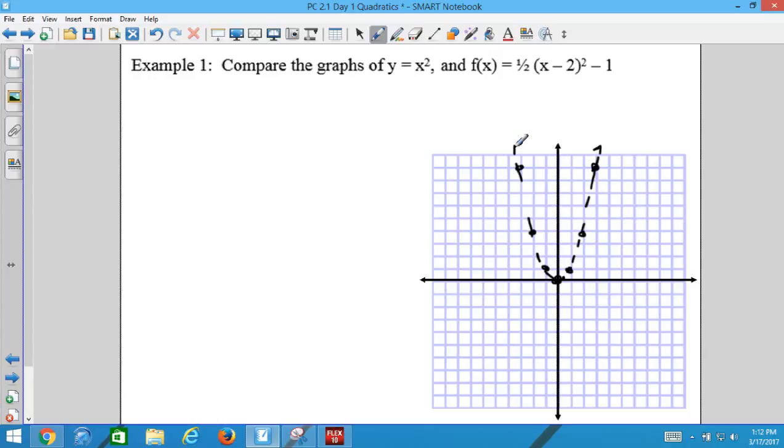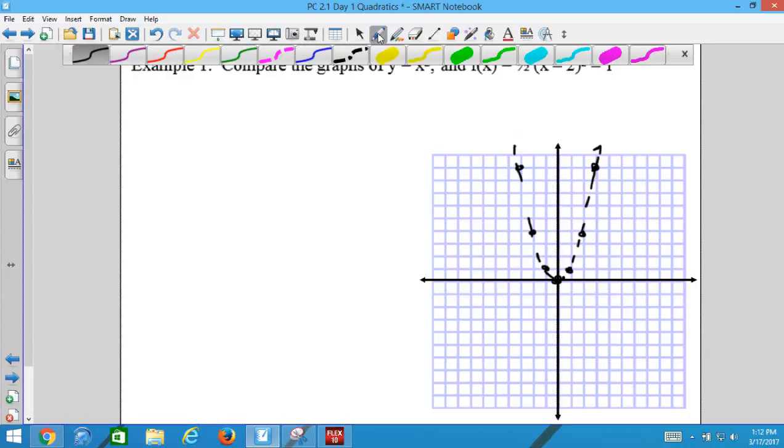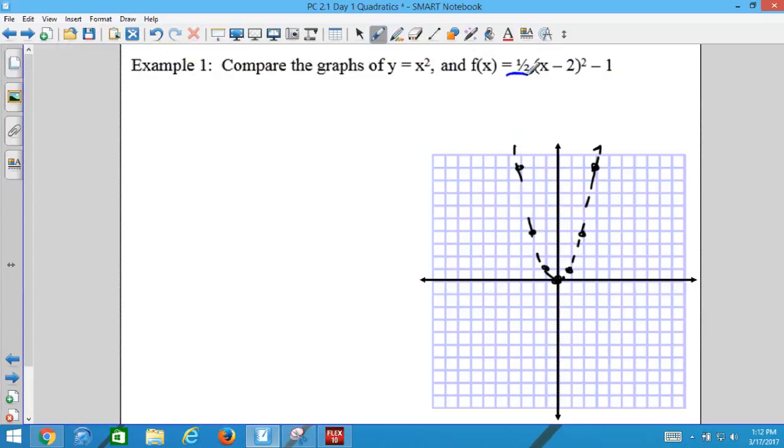Now, what are we going to do to transform that parent function? What's the half tell us? You multiply it by half, so it's definitely going to shrink. So vertical shrink for sure, by a factor of a half.